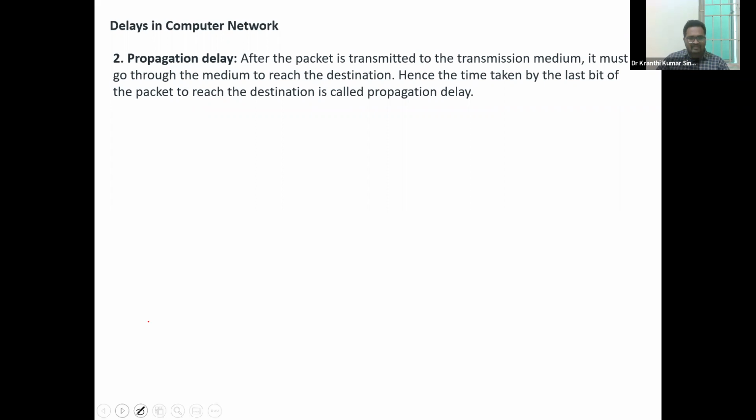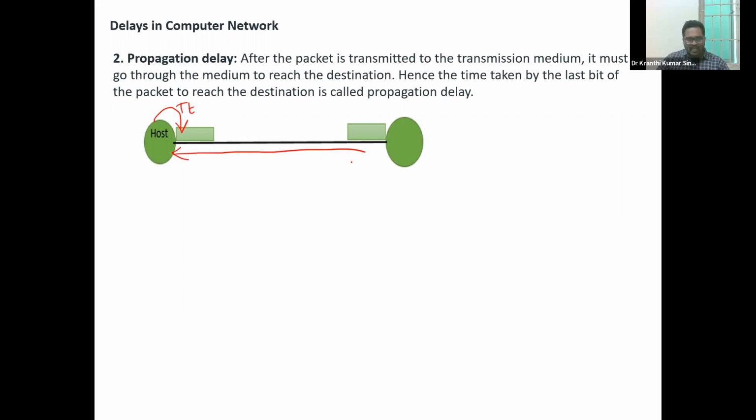Placing it here is called transmission delay. But how much time will it take for the entire packet, including the last bit, to reach from this side to this side completely? This time is called propagation delay.